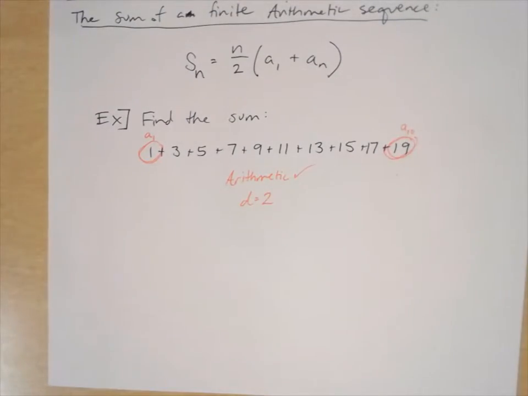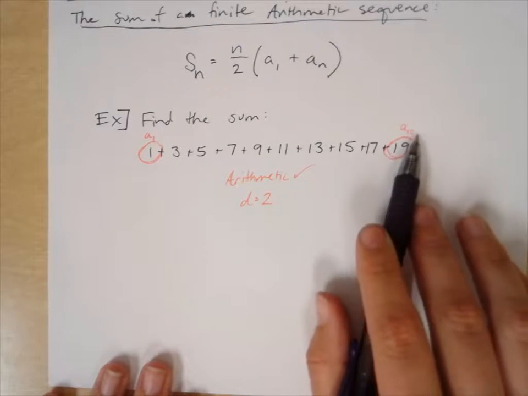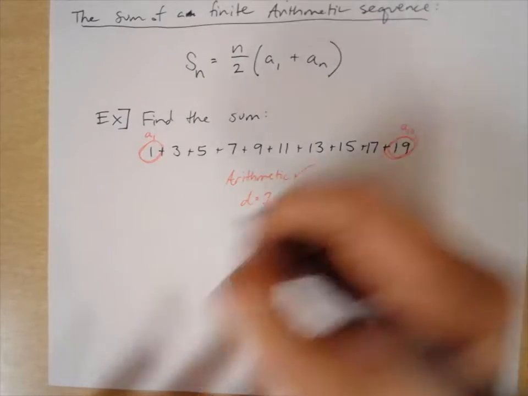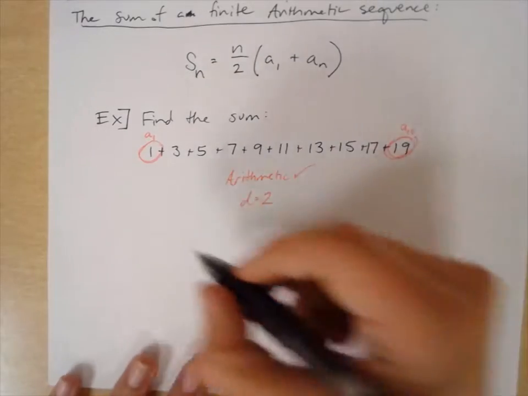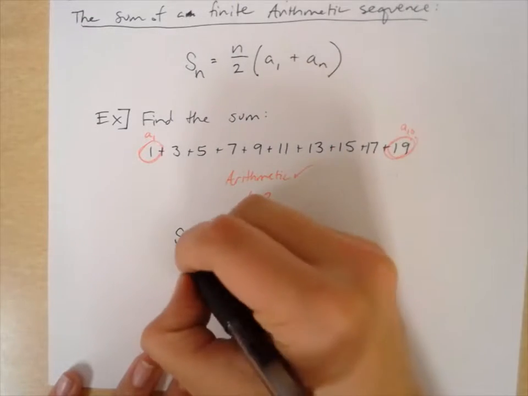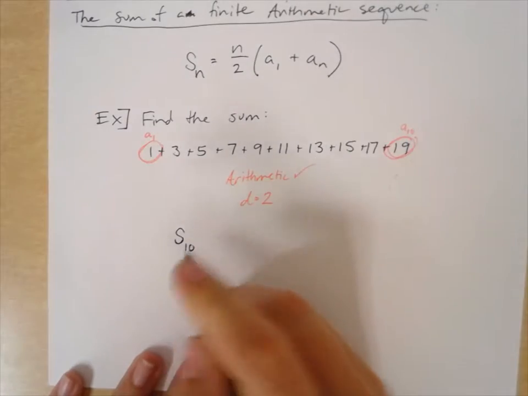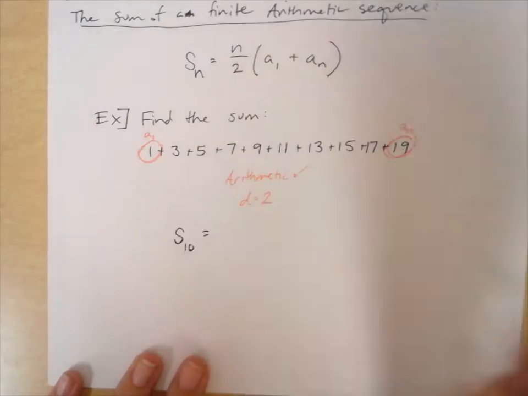And what I can do now is I can use that last term, 19, and the fact that it's the 10th term, and I can use the first term, 1, and I can sort of plug everything into my formula. So, I'm interested in finding the sum of up to the 10th term, so I'm filling in a 10 for n.